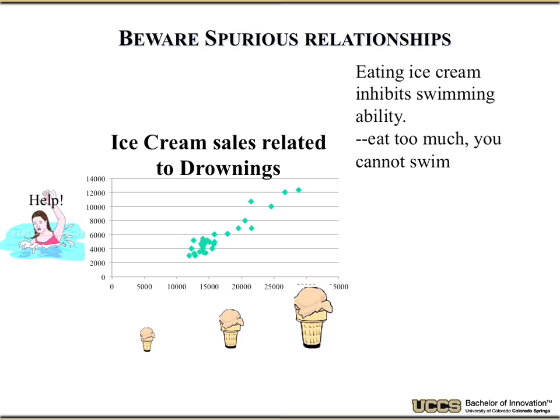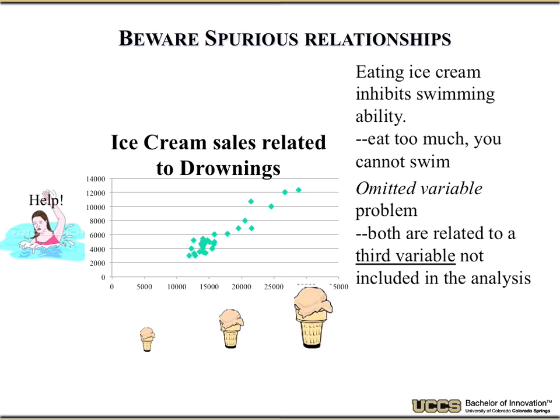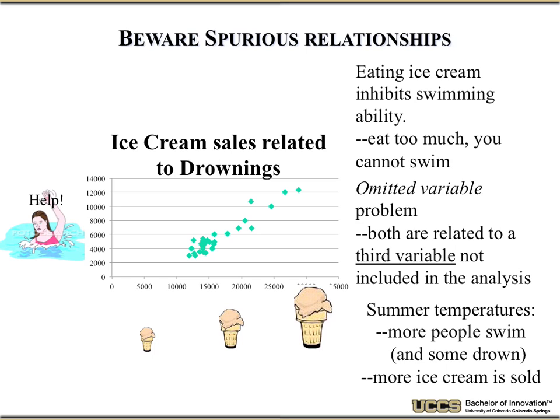Okay, anyone know what the real relationship is? Yes. Yes, so there's another variable, right? Hot days increase both. When it's hot, I tend to swim more, and when it's hot, I tend to eat ice cream more, right? So there's an underlying variable that drives both of them up, even though the relationship is not causal. So, and it turns out that this fallacy captures lots of researchers.